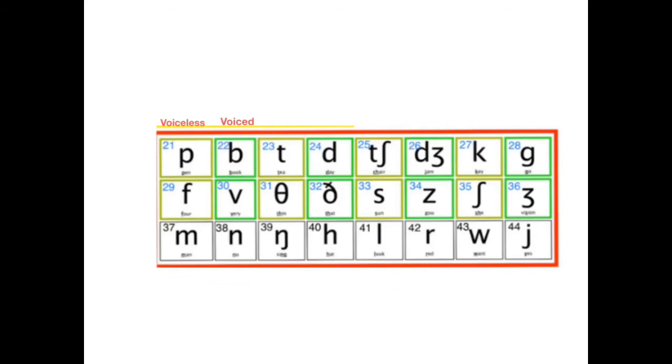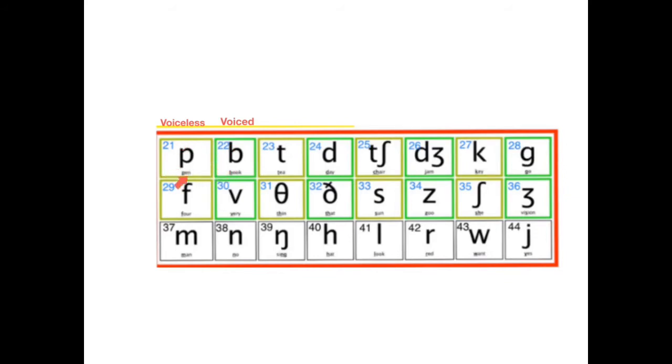Now, when you get to the consonant parts, remember, like it said, those that are colored in light green, they're voiceless consonants. The ones in brighter greens are voiced consonants. What that means is when you pronounce them, your Adam's apple will vibrate.